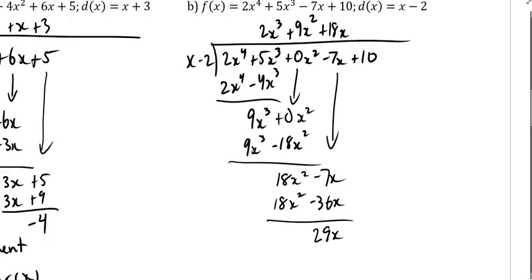And you get 18x squared minus 36x, 18x times negative 2. Negative 7 minus negative 36, and negative 7 plus 36 is 29. So x goes into 29x 29 times.